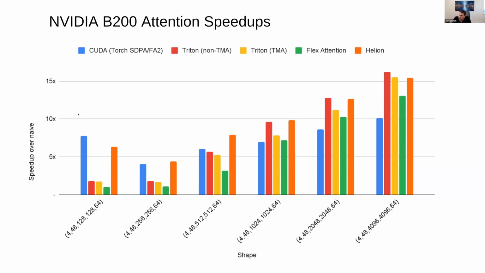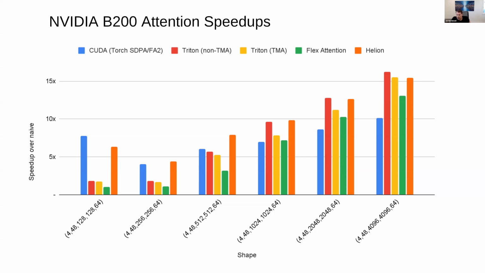Looking at the Flash Attention 2 numbers, you can see that Flash Attention 2 is faster on the smallest size, and then slower on the others. Which is an important thing to know: just because something is written in CUDA doesn't necessarily mean it's going to be faster. It requires a lot of human work to actually squeeze performance out of it.